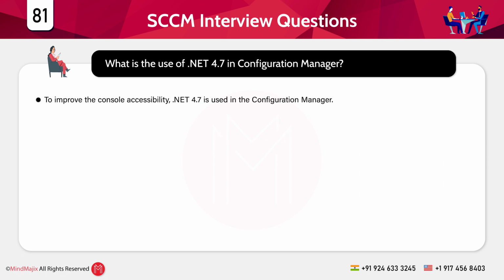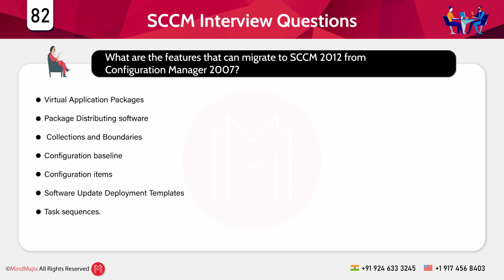The next question is, what is the use of .NET 4.7 in the configuration manager? So guys, to improve the console accessibility, .NET 4.7 is used in the configuration manager. The next question is, what are the features that can migrate to SCCM 2012 from the configuration manager 2007?